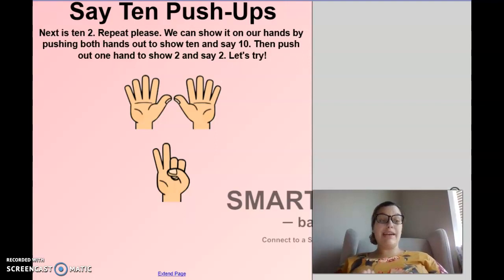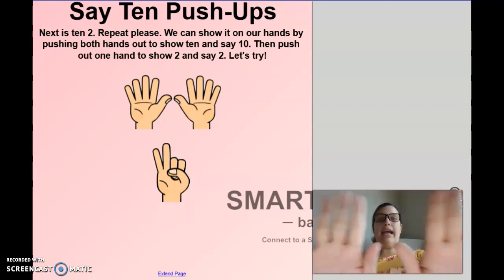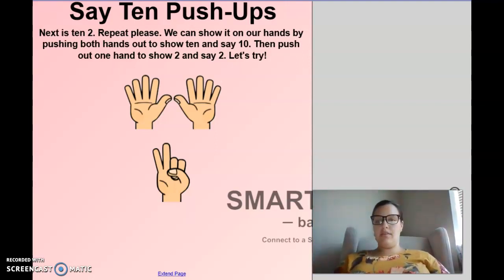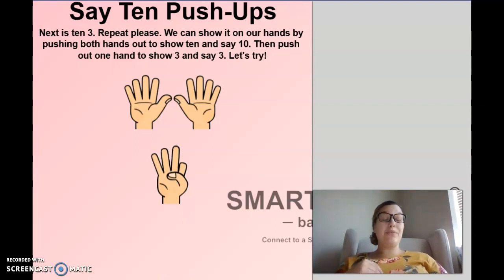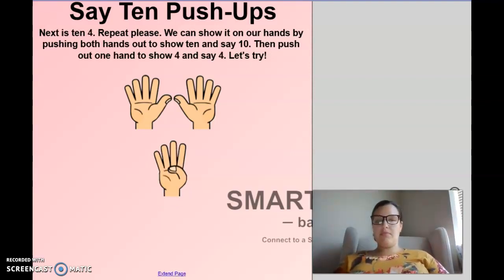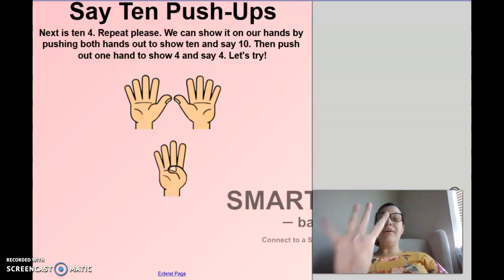Now we're going to figure out what comes after 10, 1. So 10, 1, 2. 10, 2. Now we're going to figure out what comes after 10, 2. 10, 3. 10, 1, 2, 3. 10, 1, 2, 3, 4.